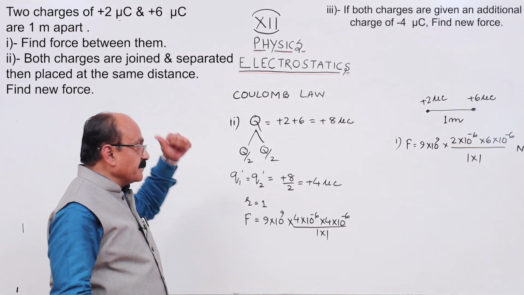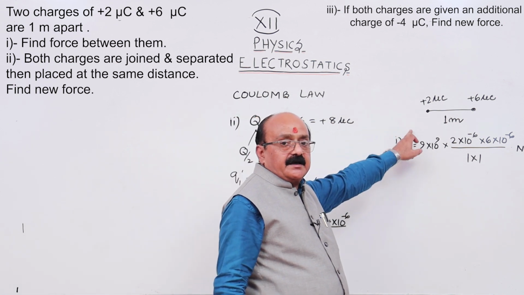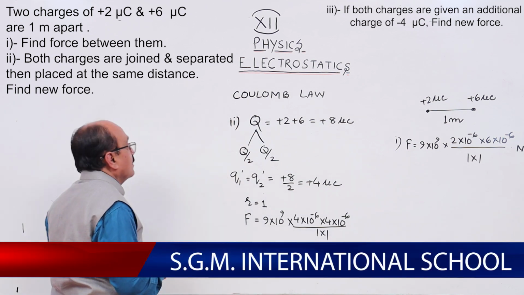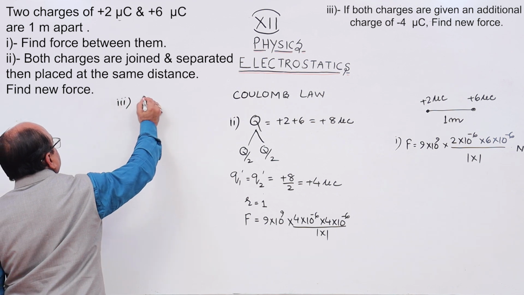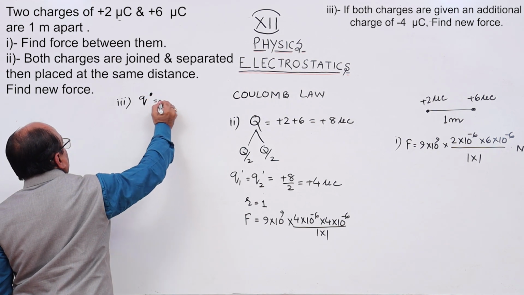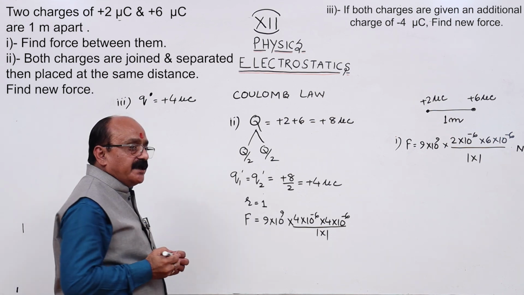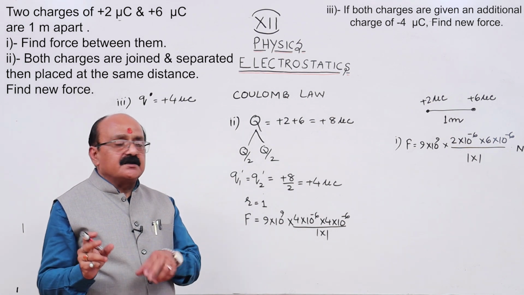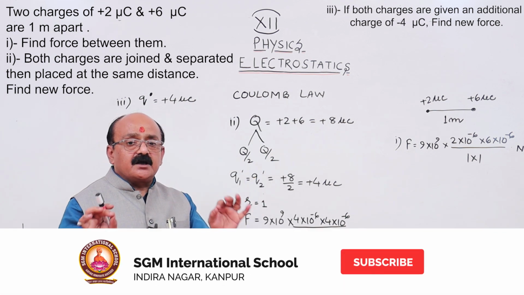Now, the third part. If this system of charges, that is plus 2 and plus 6, they are given an additional charge of plus 4 coulomb to each of them. It means the plus 4 coulomb charge is given to first charge and the second charge both equally.